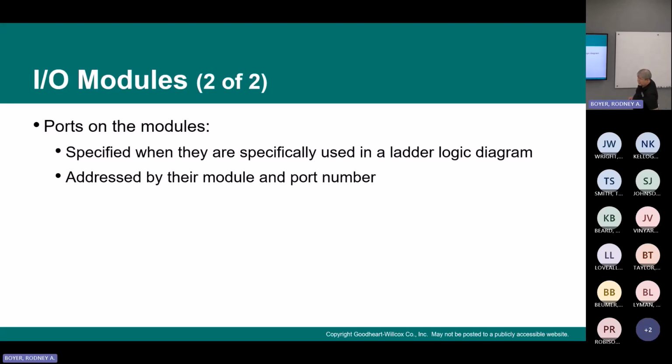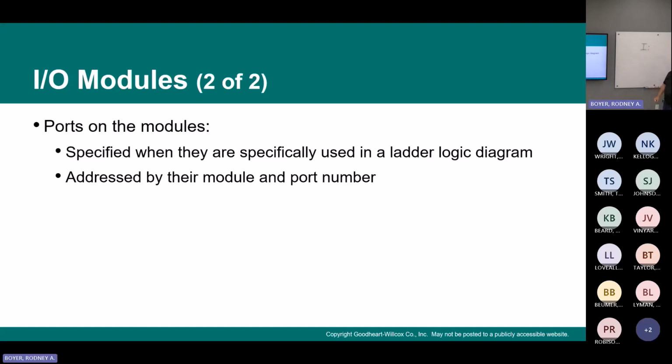A typical MicroLogix or Logix 500 address starts with I for input. Makes sense, doesn't it? By the way, syntax is everything. If the syntax isn't right, it doesn't know what to do with it. Then a colon.